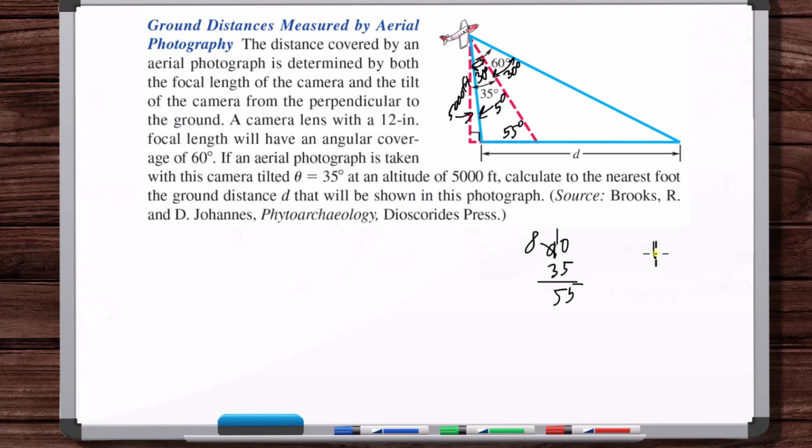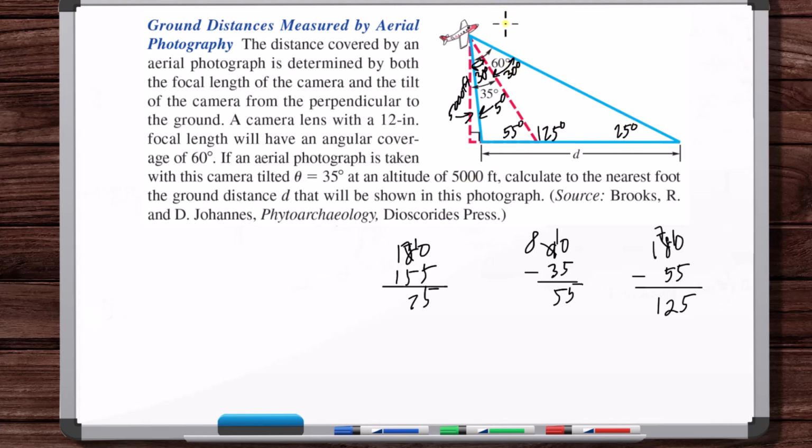But now we have a straight angle here, so what is 180 minus 55? That's 125. Now we can get this angle, because 125 plus 30 is 155, and 180 minus 155 is going to be 25. So this is 25 degrees.